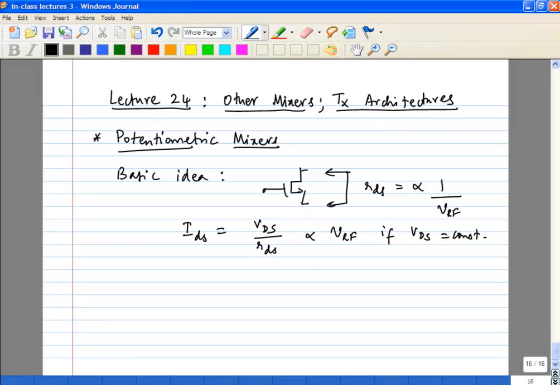And obviously if VDS is directly proportional to the LO voltage, then, very simple idea. You are going to bias the transistor in the linear region and try to make its RDS inversely proportional to RF.